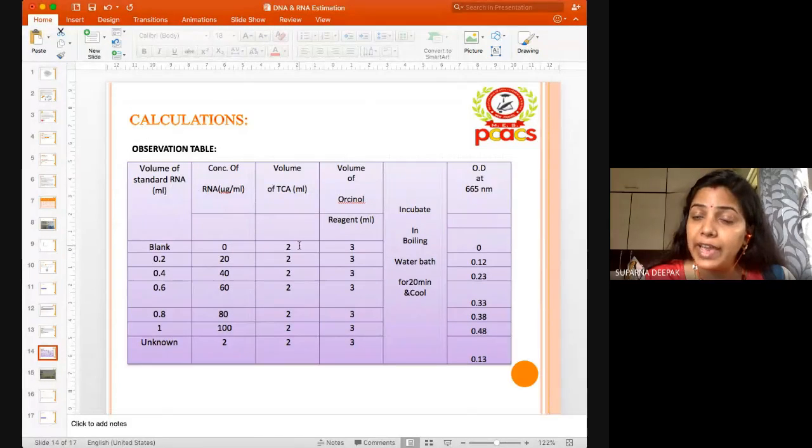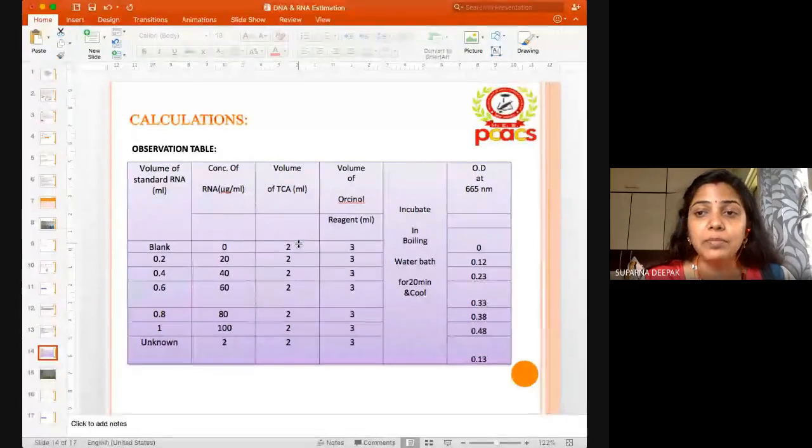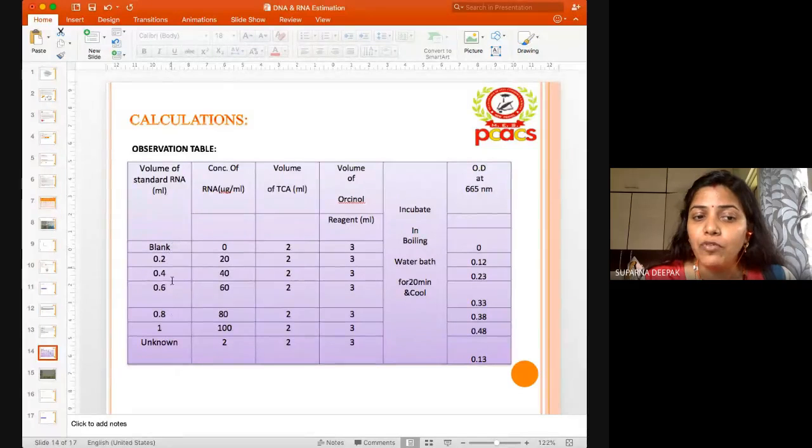As I have already explained, by the help of the R1V1 equals R2V2 method, you would find out how much volume of the standard RNA should go. Like I explained in the other video, for 20, 20 is your required concentration. What is your given concentration? 100, because you are using 100 as your standard RNA.